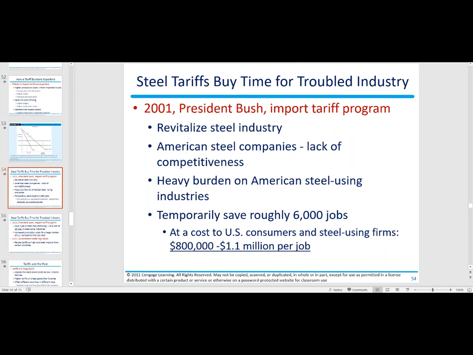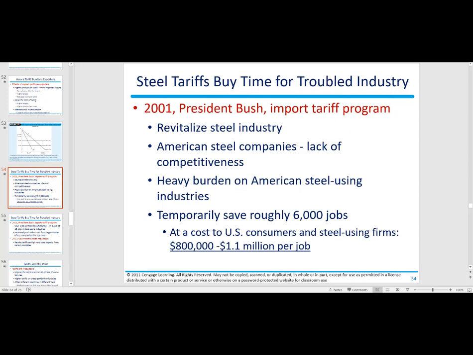Before proceeding, you should read slides 30 through 54, because that's pretty much what we did with the graphical examination of the tariff effects on the welfare of the nation. And now we're going to proceed with the remaining contents. We're starting from a real-world example when President Bush decided to impose an import tariff on steel.